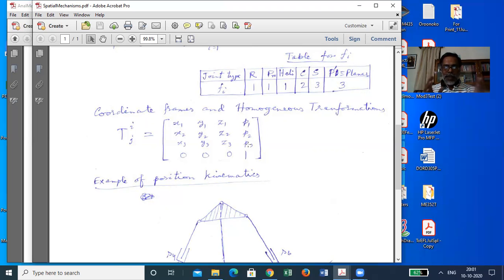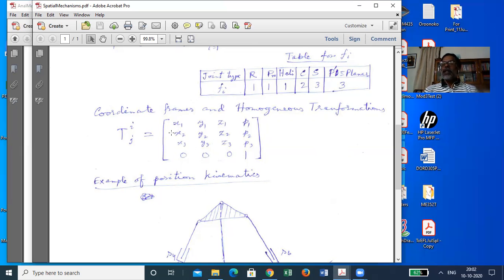The complete description of orientation in 3D space is basically by a matrix, which is an orthogonal matrix, a 3 by 3 orthogonal matrix. Okay? That 3 by 3 matrix is written here.